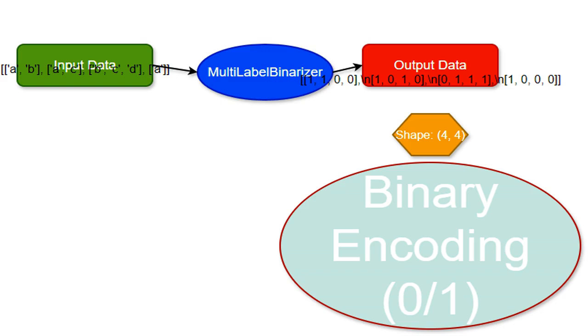Each cell in the output matrix contains either a 0 or a 1. A 1 indicates the presence of a particular label for a given data point, while a 0 indicates its absence. This simple yet effective encoding makes the data directly usable by machine learning algorithms that need numerical input. It's a fundamental technique in multi-label classification.